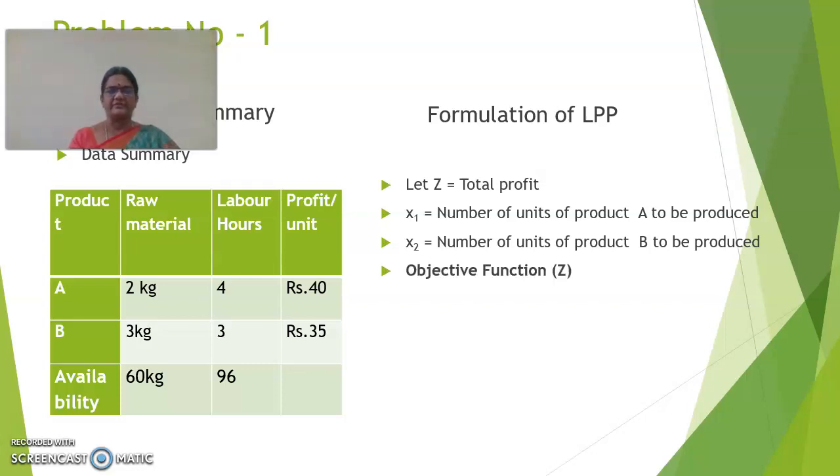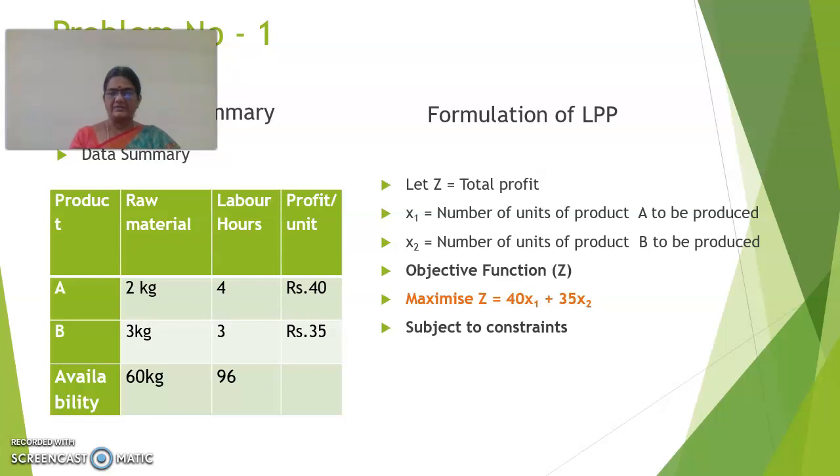The objective function is the total profit. Since it is a profit related problem, we want to maximize the profit. Therefore, we write the objective function as maximize Z equals 40x1 plus 35x2.